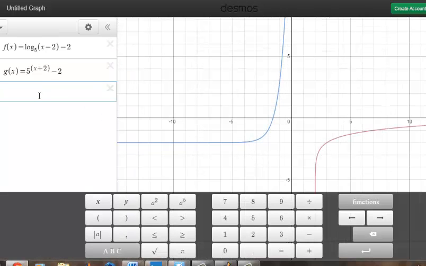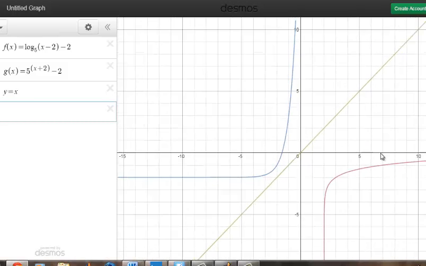And then the last thing I want to do is graph y equals x. And that doesn't look right. Is that right?